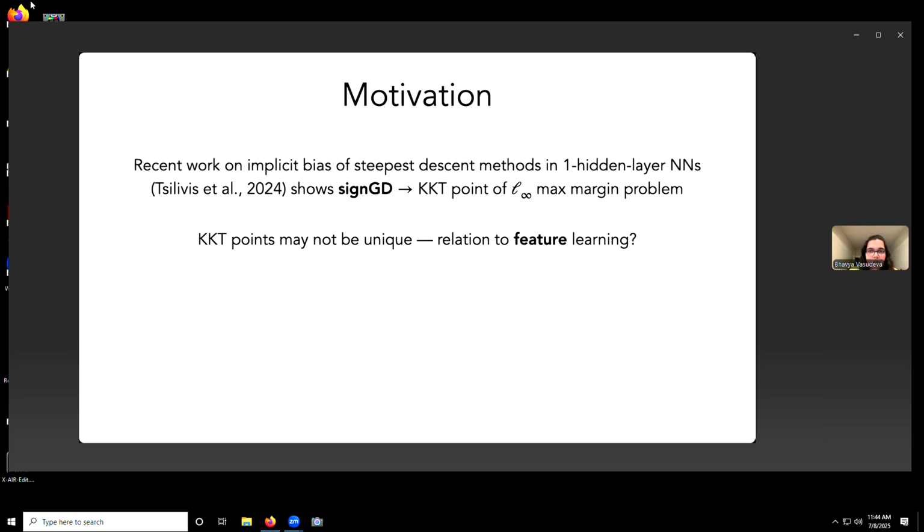But one limitation of these results is that KKT points of these problems may not be unique, and what do these results tell us about feature learning? What kinds of features are learned when we are training with different algorithms like GD versus sign GD, for instance?